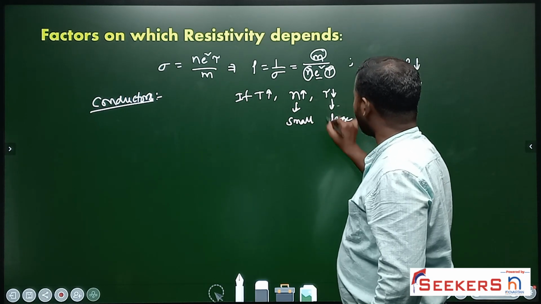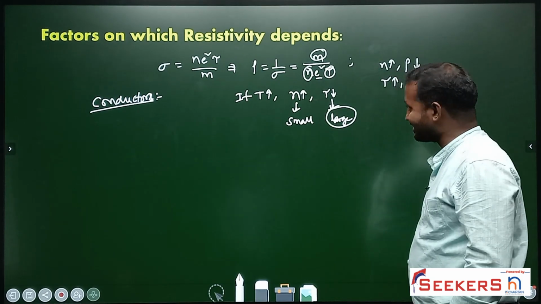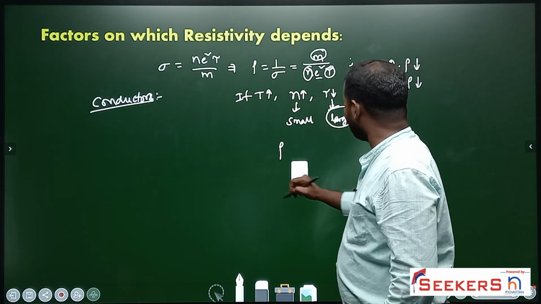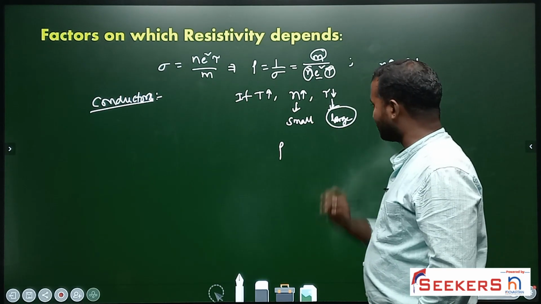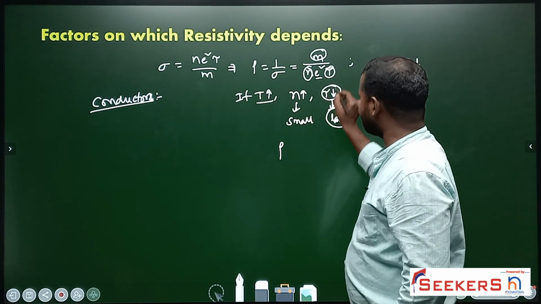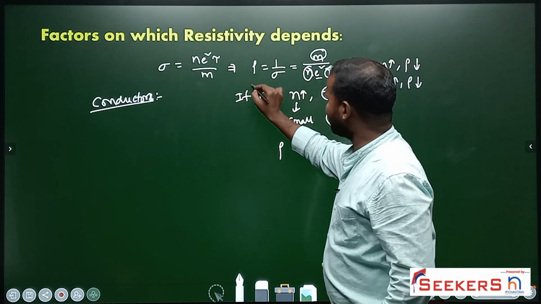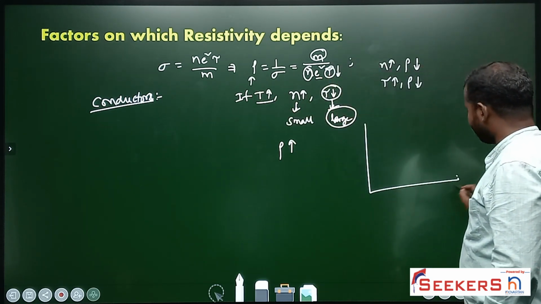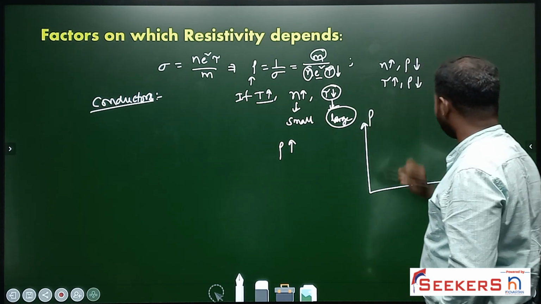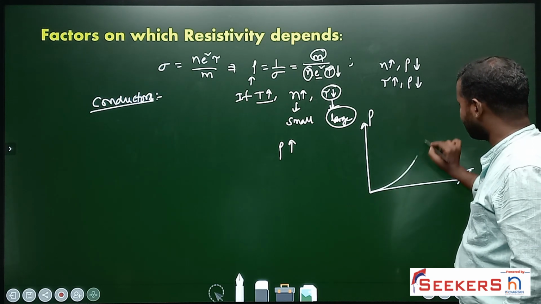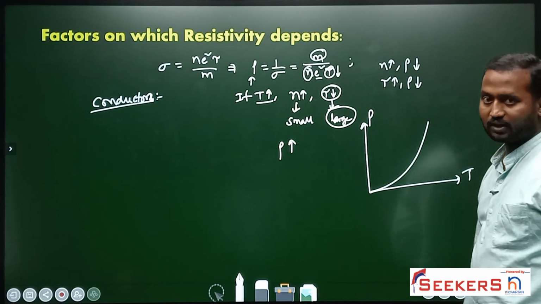So this effect will be dominating in the case of conductors. Rho will depend on tau. When temperature increases, tau decreases, which means rho will be increasing. So let us see the graph. The resistivity as a function of temperature will be increasing like this. That's how you get the graph for conductors.